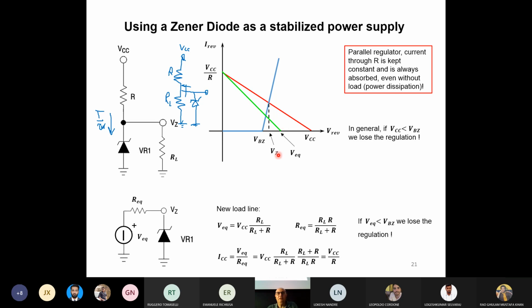So, in short, if we are in a situation where you have no load, all the I reverse goes here, and that's the maximum current, the current which will go in the Zener diode.